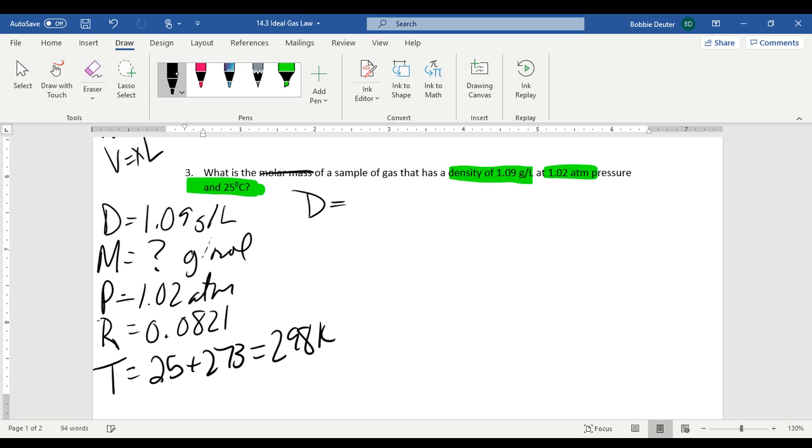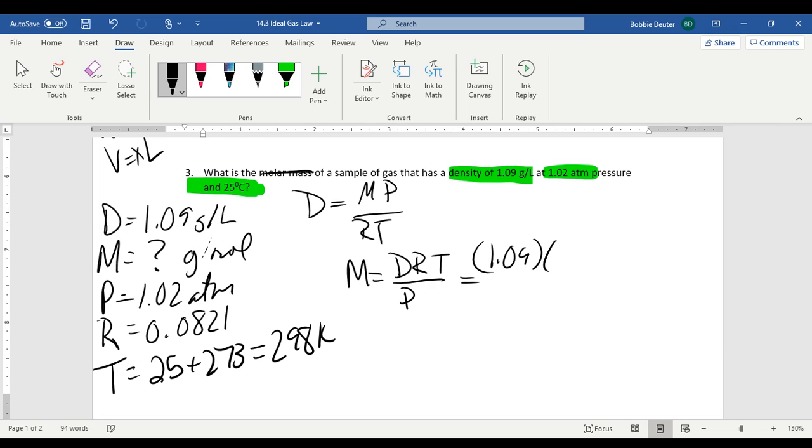Again, using the equation, density is equal to the molar mass times pressure divided by RT, we can rework this equation to get the molar mass is equal to the density times the R value times the temperature divided by our pressure, giving us 0.9 times 0.0821 times 298, all divided by a pressure of 1.0 atm.